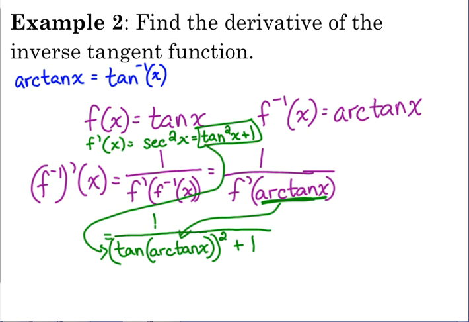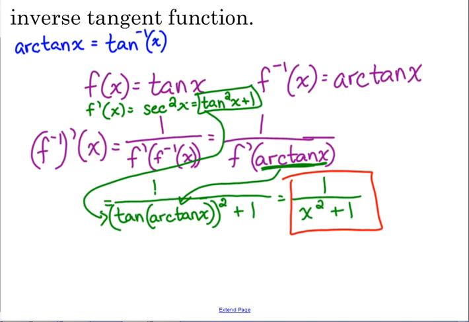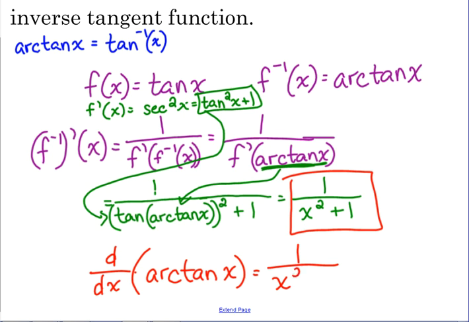Now, tangent and arctangent are inverses, so when you plug the arctangent into the tangent, they undo each other. All you're left with is the x. And this is the derivative of the inverse tangent function. The derivative with respect to x of the arctangent of x is equal to 1 over x squared plus 1.